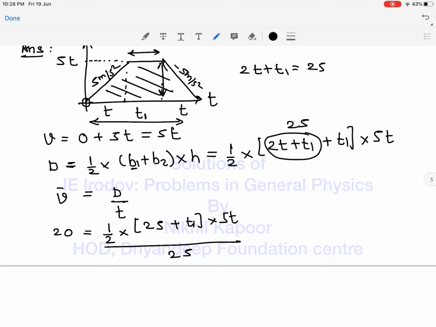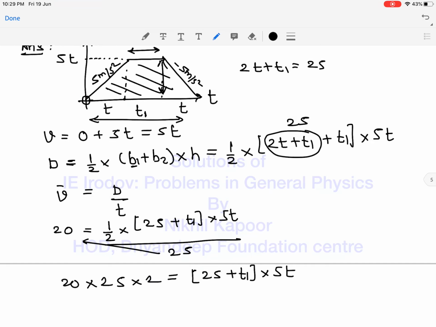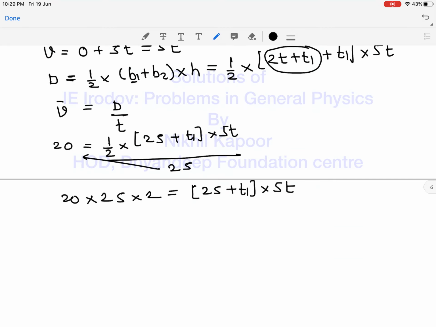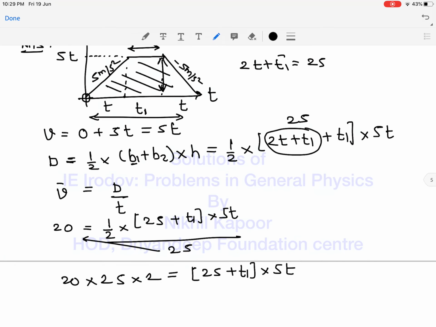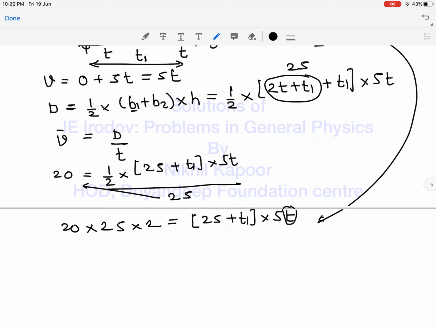Now we can solve this very easily. This 25 will come here, so 20 into 25 into 2 is equal to (25 plus t1) into 5t. Now there are two variables, t1 and t, so I will write this whole thing in terms of t1. I can write t as (25 minus t1) upon 2, and replace this t here.